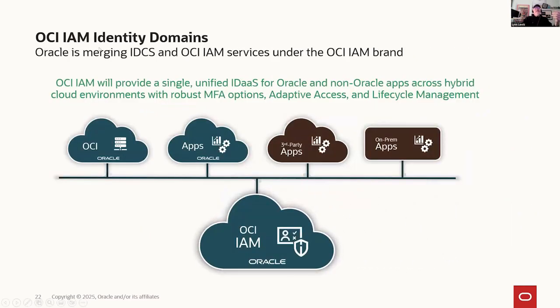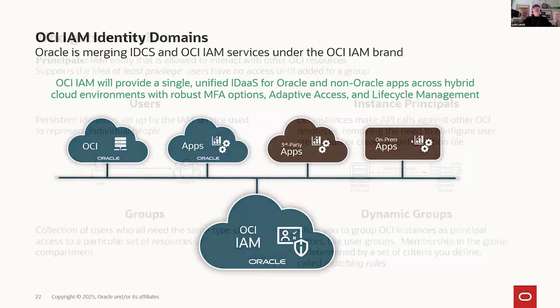And so this is just a fancy slide to show that we've merged our two different services, the identification service and the access management service, together. This is what gives you the ability to go to Oracle, but also to third-party apps and to your apps on premise if you set it up.